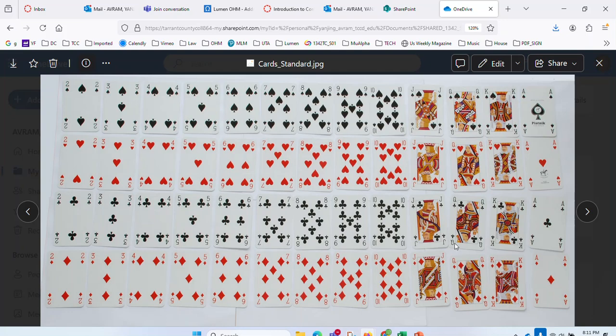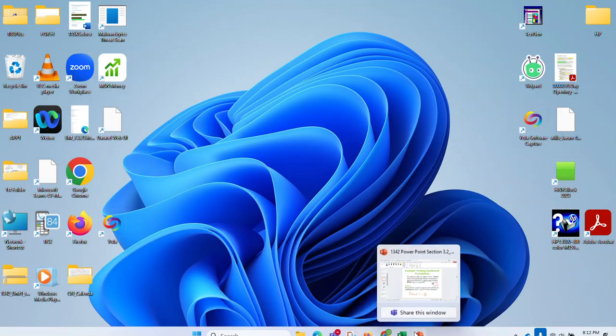Sometimes we also call Jack, Queen, King the face cards because they have faces. The heart and the diamond are red cards, and the club and spade are the black cards. If you are not quite familiar with this, you can print it out and it will help you become more familiar with it.